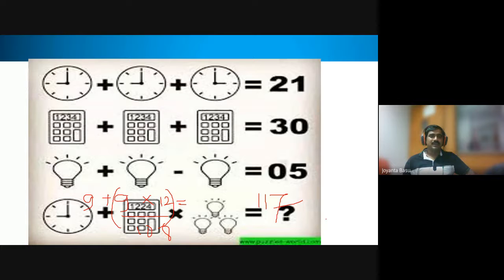So that's why the correct answer is 117. I'm very happy that all of you are trying to solve this kind of reasoning problem, because this is also part of computational thinking. For computational thinking, you need not run or write any computer program.